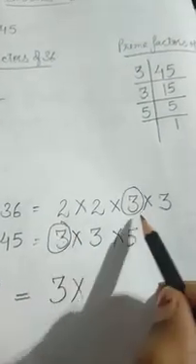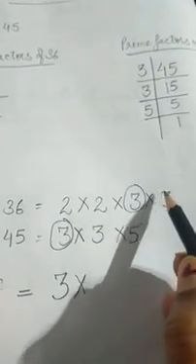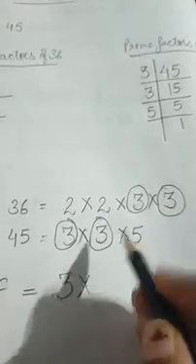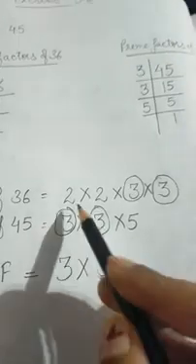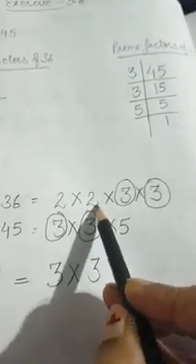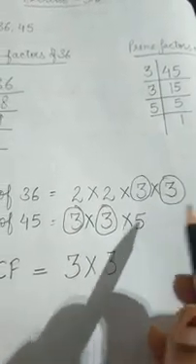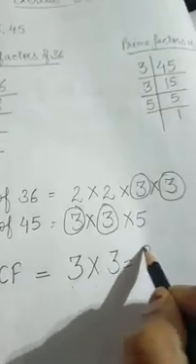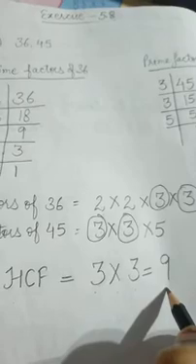Now we will observe these factors carefully, is there any other number common in both? We can see one more 3 is common in both. From these two 3's we will take one more 3 as common. Now here is 2, one more 2 and 5, so these are not common, so we will leave these. Now HCF is 3 multiply 3, it means 9. So HCF is 9.